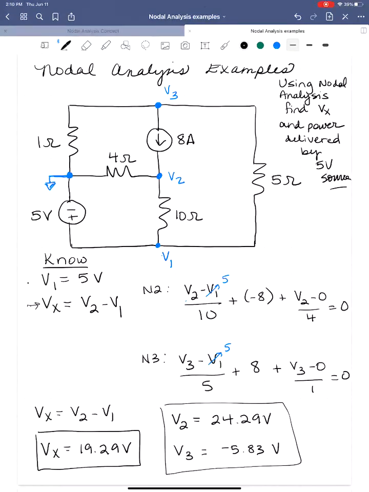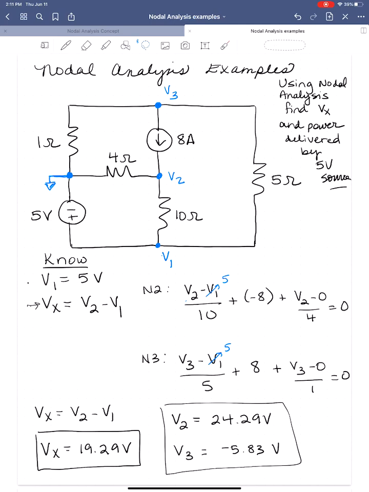In order to solve for the power associated with the 5-volt source, we need to know what this current is. Right now we don't have any information in this circuit that tells us exactly what that current is. This is one of those situations where we didn't need the node 1 equation to find the node 2 and node 3 voltages and find Vx, but we are going to use it to find the current through that 5-volt source. So now we're going to write that node 1 equation.